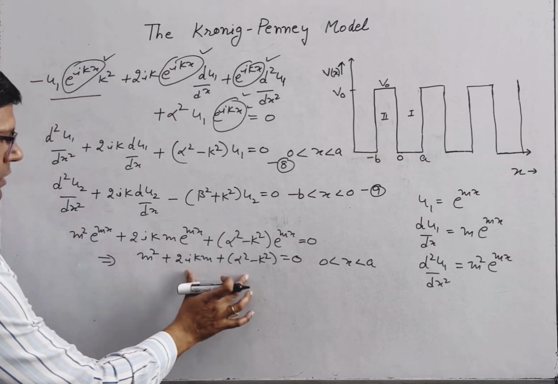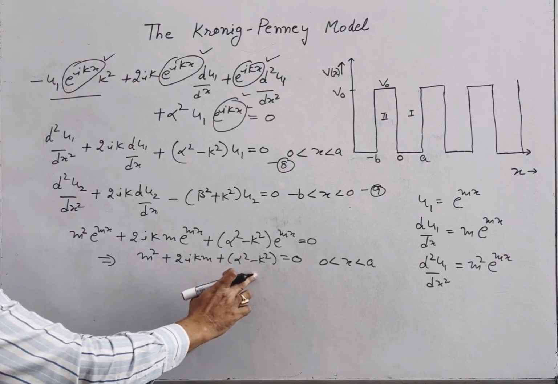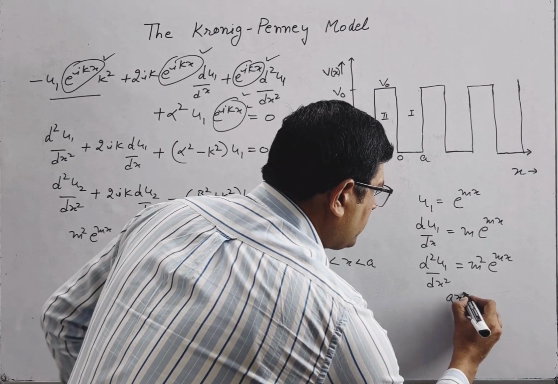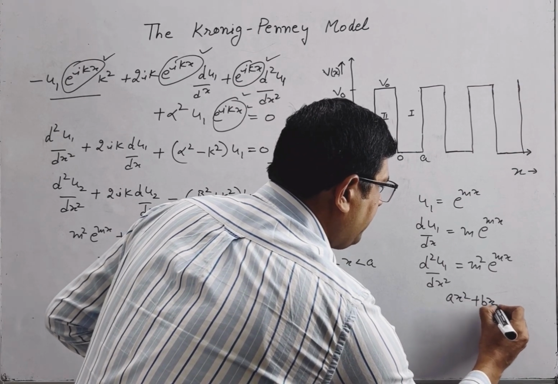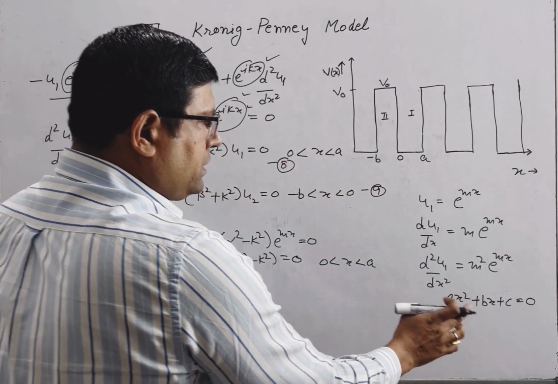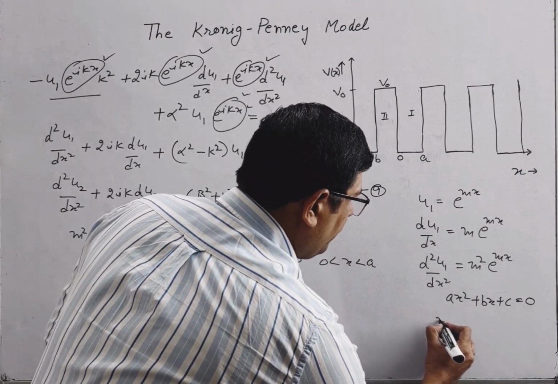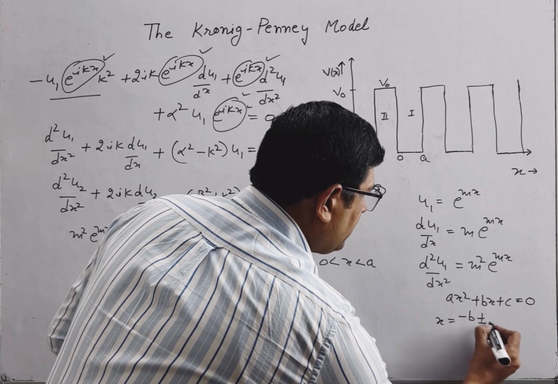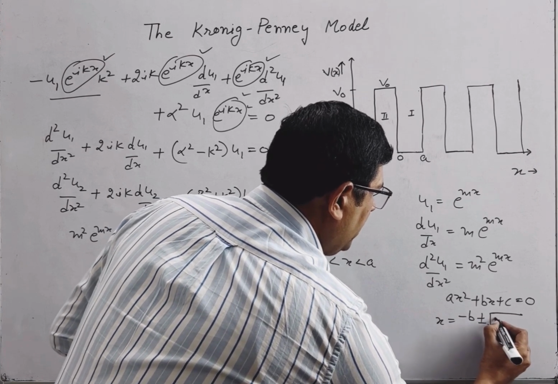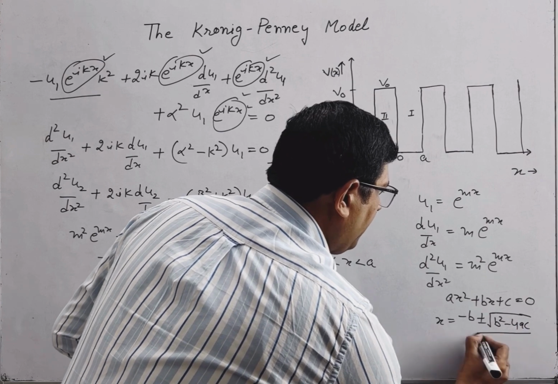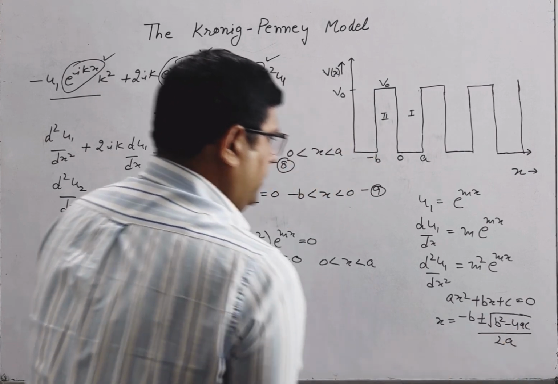Now this is quadratic in m. If we have a quadratic equation ax square plus bx plus c equal to 0, its solution will be x equal to minus b plus minus under root b square minus 4ac upon 2a.